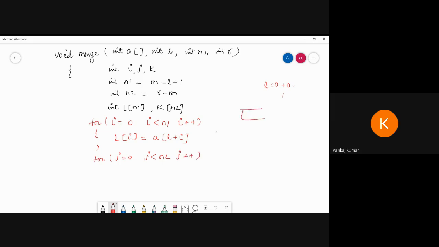So whatever I divided, this one and this one, this one is stored at L of n1 and this one is stored at R of n2. For that purpose I am writing R of j is equal to array of mid plus 1 plus j, because here it is l to m and here m plus 1 to r. So that is this one.